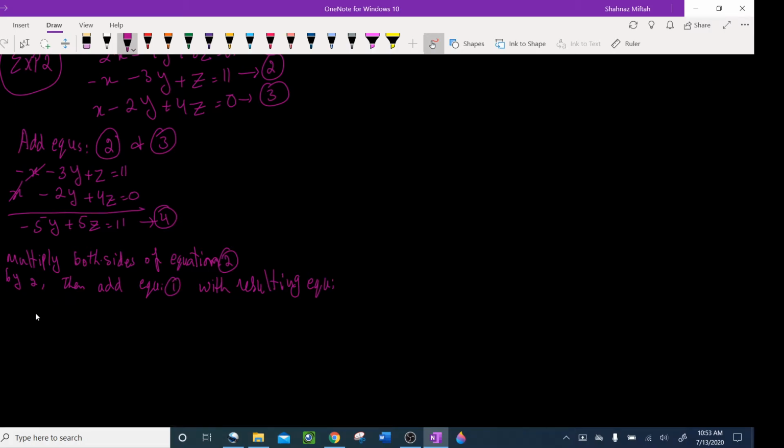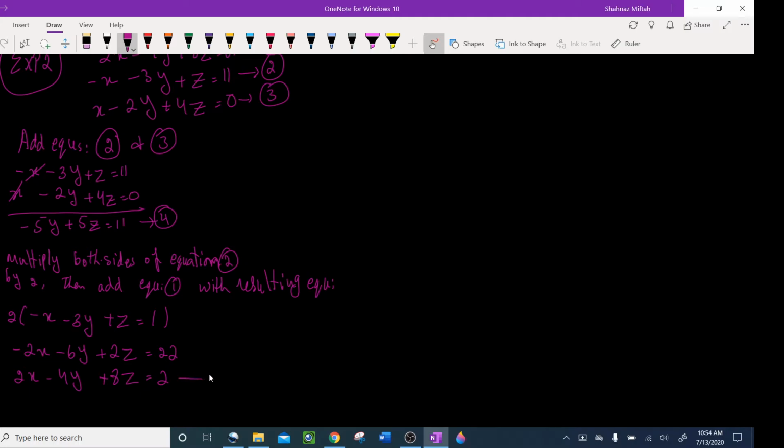Equation 2, negative x minus 3y plus z equal 11, and I'm going to multiply this by 2. So I'm getting negative 2x minus 6y plus 2z equal 22, right? This is my resulting equation, and I have equation 1, which was right there on the top, 2x minus 4y plus 8z equal 2, right?